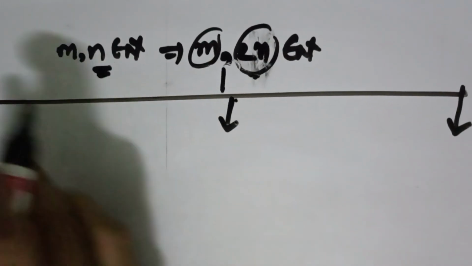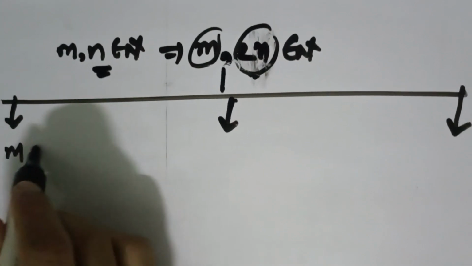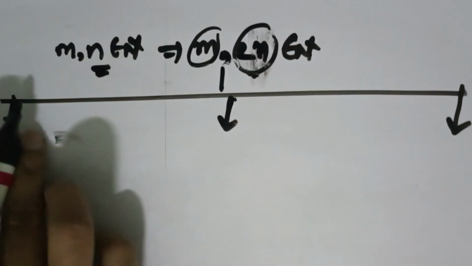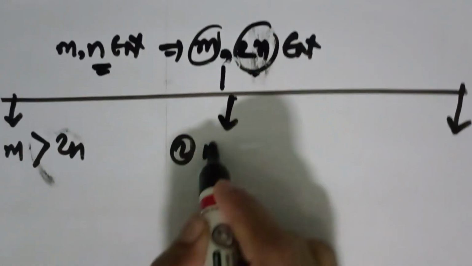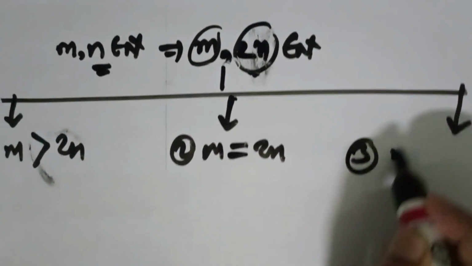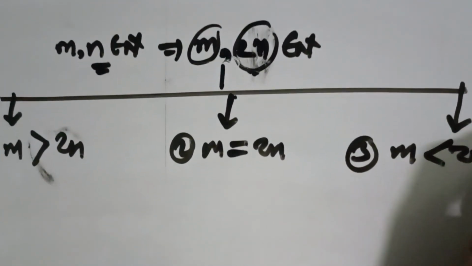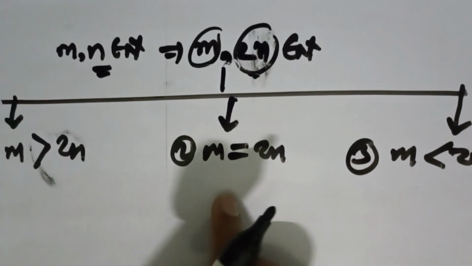There may be three relations: either m may be greater than 2n, or m may be equal to 2n, or m may be less than 2n. Otherwise no relation is possible, because m and 2n are natural numbers.